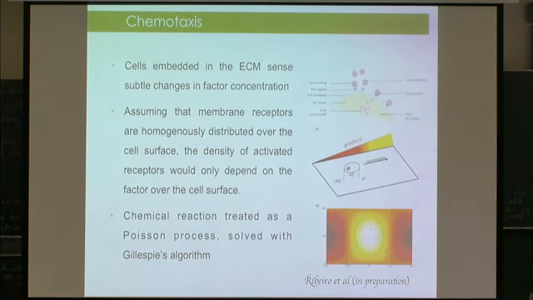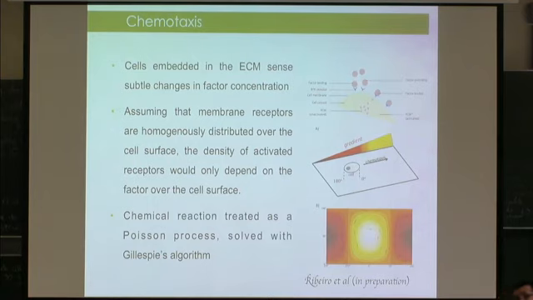So first, the chemosensing. We assume the cells are embedded in the extracellular matrix, and we assume that all the receptors are distributed equally over all the cell surface. And we assume a chemical reaction using a Poisson process, using a very well-known algorithm called the Gillespie algorithm.